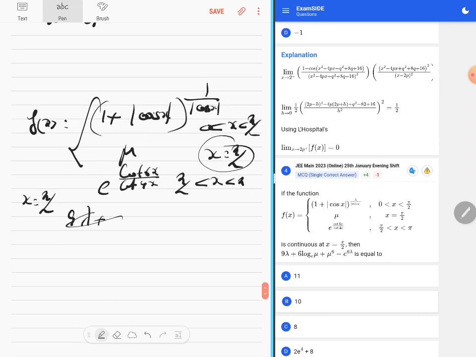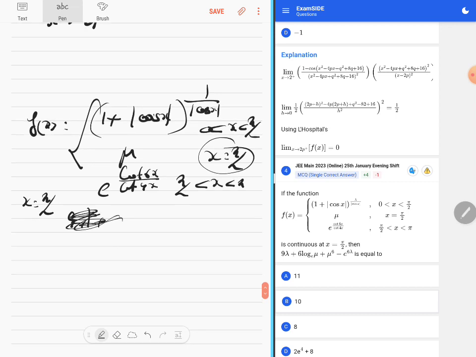Okay, fine, let's continue with the question. So let's approach the left limit and equate it to the right limit. Limit of x tends to pi by 2 from the left.